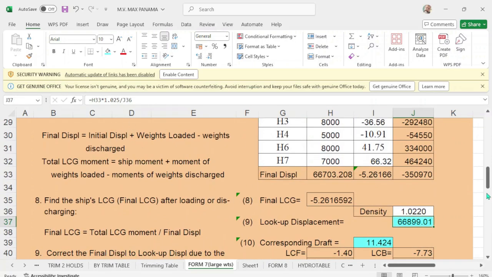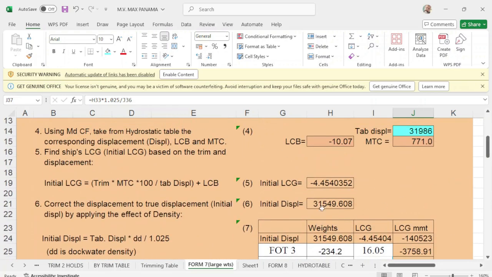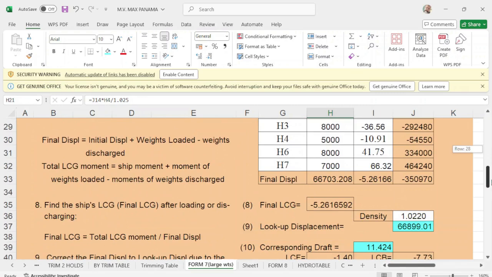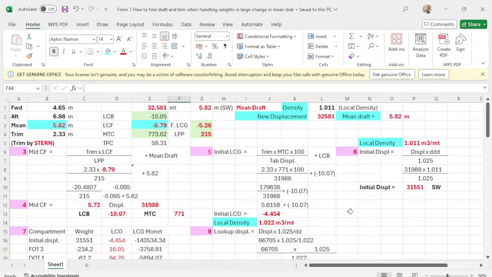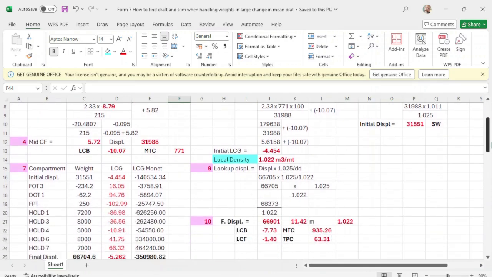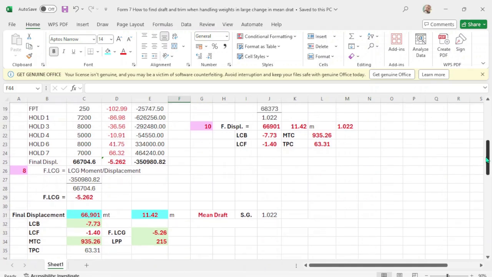Take note of number 8 and number 6. They have almost similar formulas, but take note of that. Okay, 6 and 8, this one. And in my Excel, take note of number 6, this one, and number 8, this one. Okay, 6 and number 8.